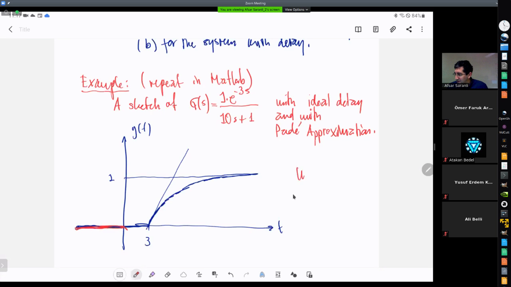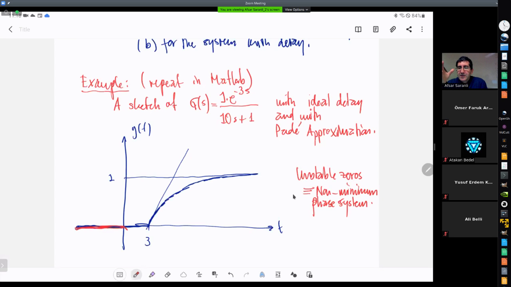by the way, unstable zeros have a name. Do you remember? They are known as non-minimum phase systems. Okay, if both the poles and zeros of the system are stable, the system is known as a minimum phase system.